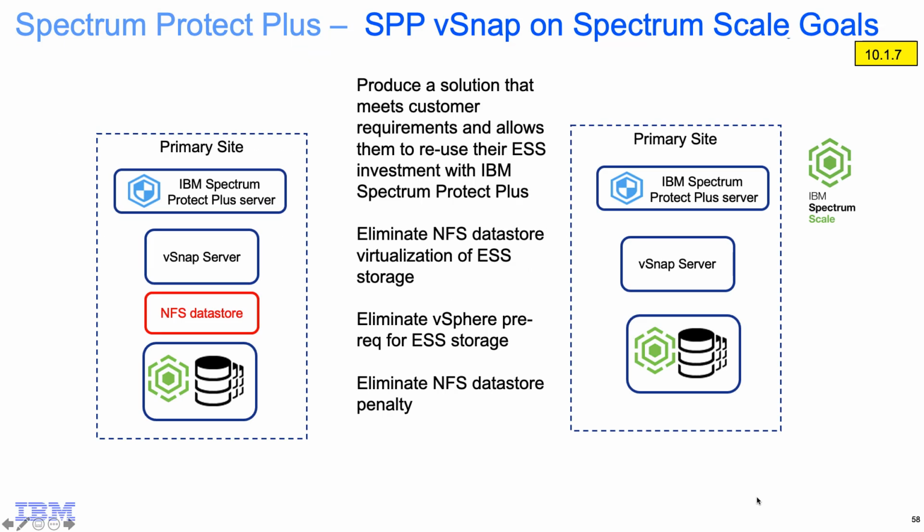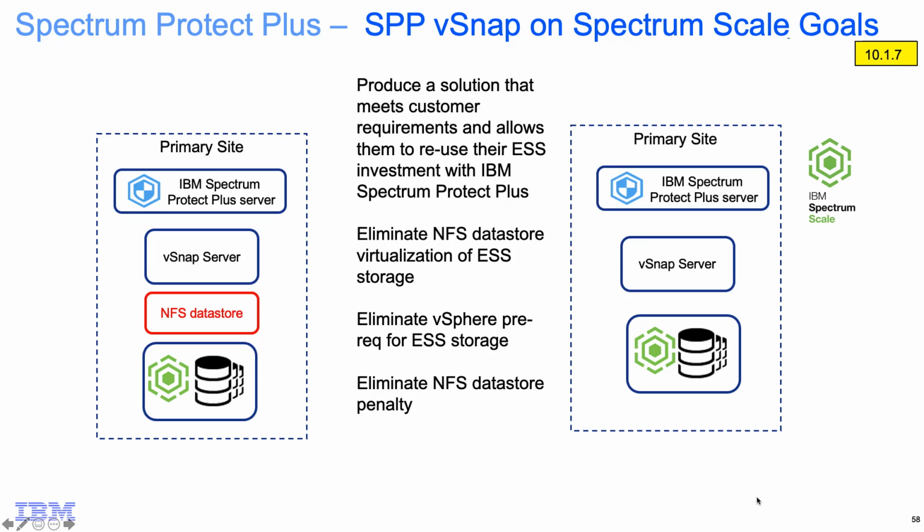So continuing on with Spectrum Protect Plus version 10.1.7, we have now enhanced the way that we are supporting vSnap on Spectrum Scale. With regard to Spectrum Scale, we wanted to produce a solution that meets our customer requirements and allows our customers to reuse their ESS investment with IBM Spectrum Protect Plus by running vSnap on that hardware. The solution that we had to do this in the past involved having an NFS data store.